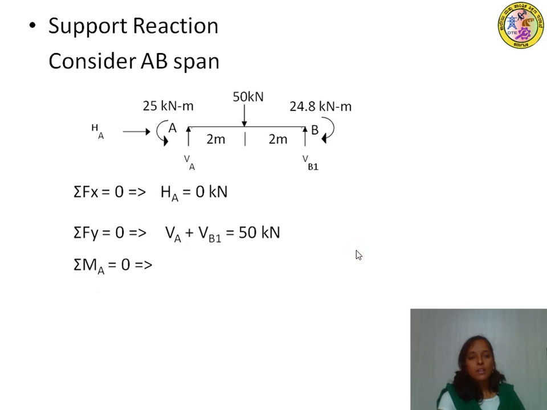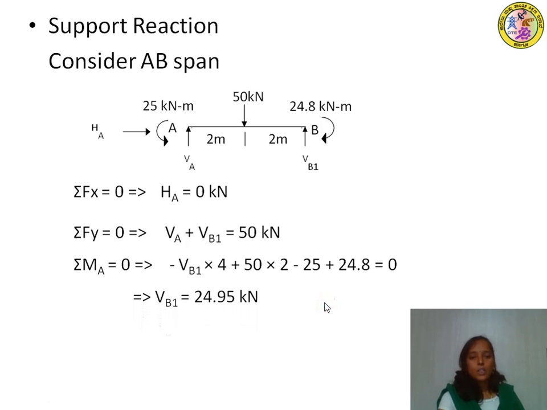Next, we will apply the third condition, that is sigma MA is equal to 0. The sign convention we follow is clockwise moments are taken positive. So the equation will be minus VB1 into length, which is 4 meter, plus 50 into 2, because VB1 is inducing anti-clockwise moment at A. Then minus 25 plus 24.8, the end moments, is equal to 0.